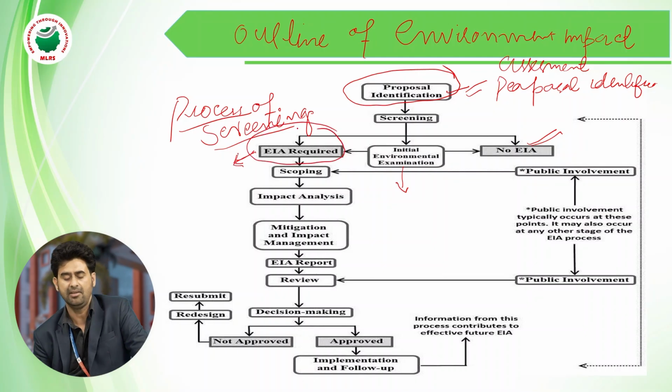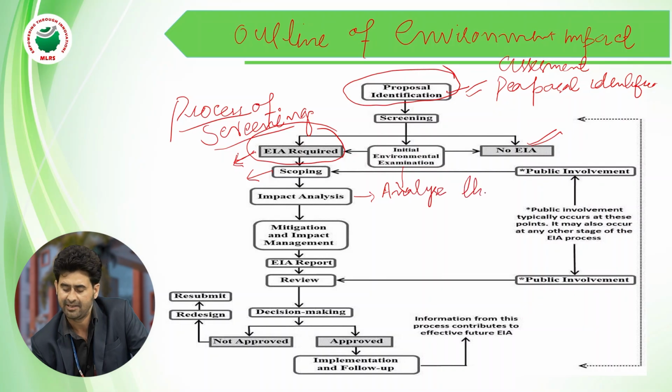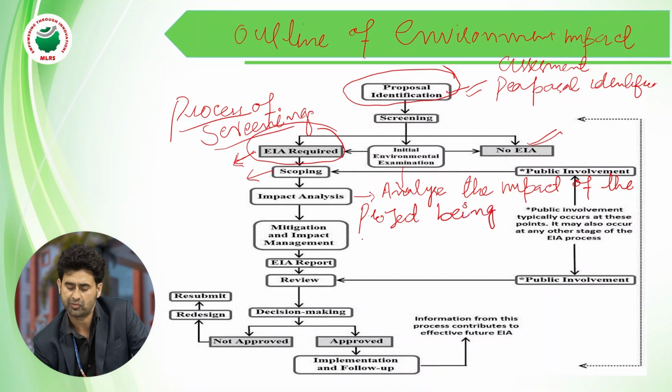Environmental impact assessment involves scoping, what is the scope of the project, and the second one is impact analysis. We have to analyze the impact of the project being proposed.